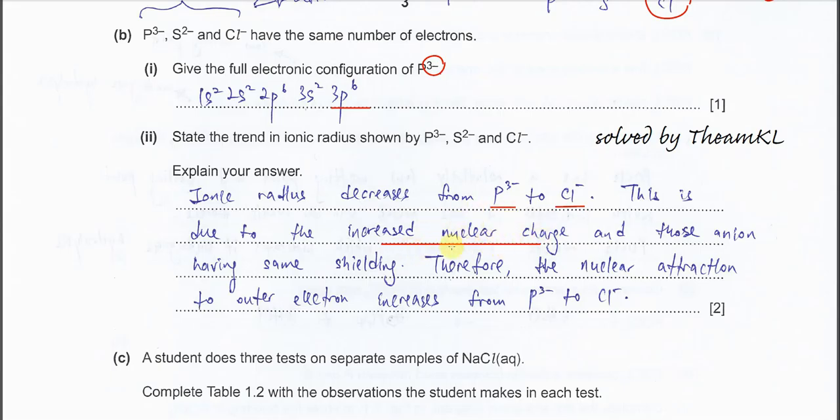The attraction is greater because of increased nuclear charge and the same shielding effect, because they now have the same electron configuration. Therefore the attraction to the outer electrons increases from phosphide to chloride. This is what you need to explain.